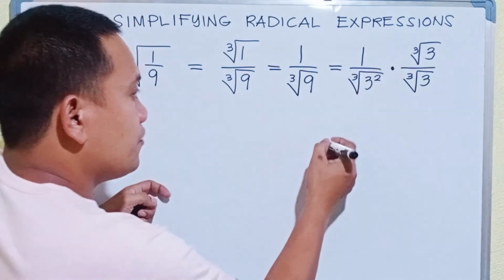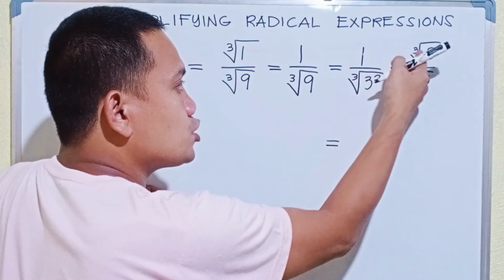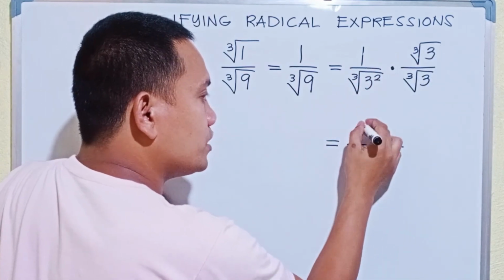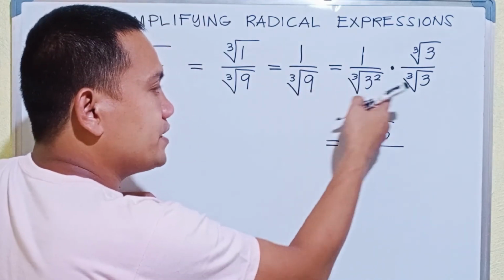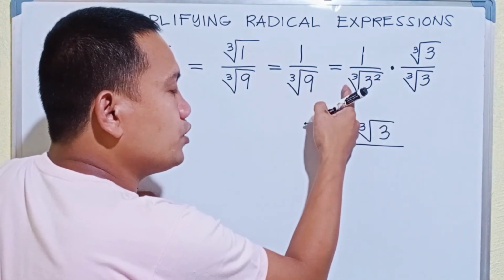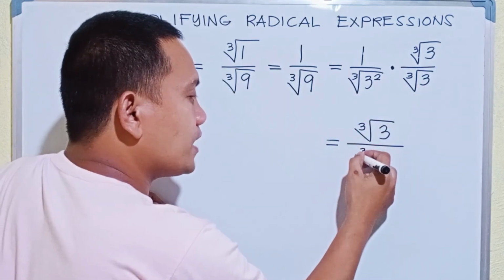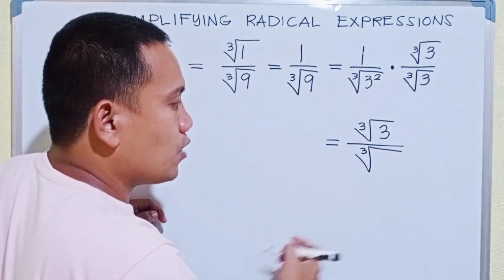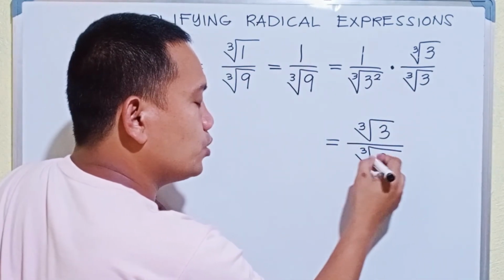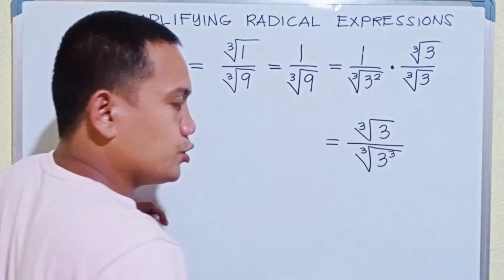This means if we simplify this expression, 1 times cube root of 3, our numerator is cube root of 3, while our denominator is cube root of 3 squared times cube root of 3, wherein we can simplify this expression by adding the exponents of our radicand. So that is through product of a power. So that is 3 cubed.